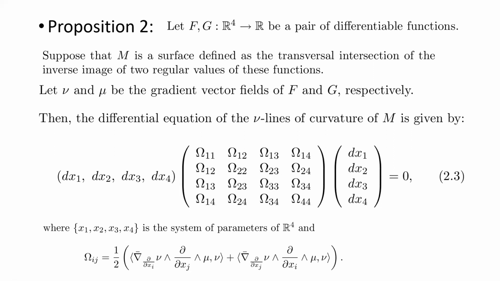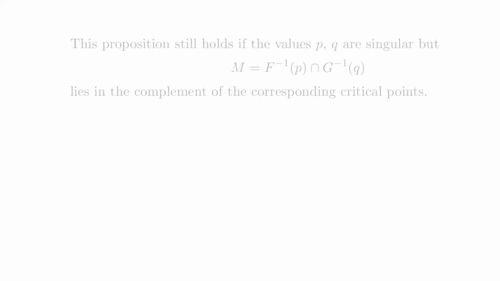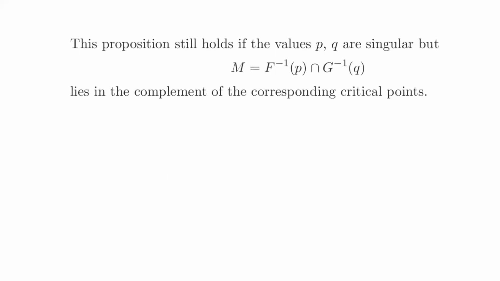Now we are going to focus on the Milnor fiber, but let's do it the following way. First, observe that this proposition still holds even if we admit some singularities, but the point is that the intersection, the manifold, is regular.